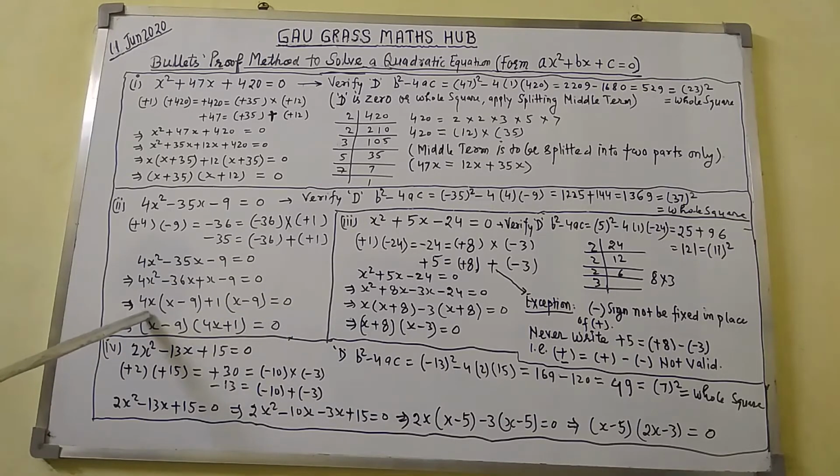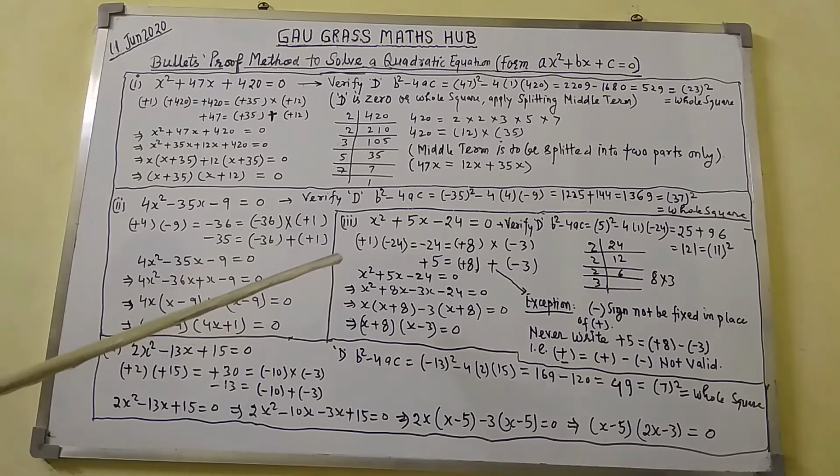Take 4x as a common, and in one bracket you get x minus 9, plus 1 times x minus 9 equal to 0. Now in the first term x minus 9 and in the second term also x minus 9 is there. Take x minus 9 as a common, and in another bracket you will get 4x plus 1, equal to 0.